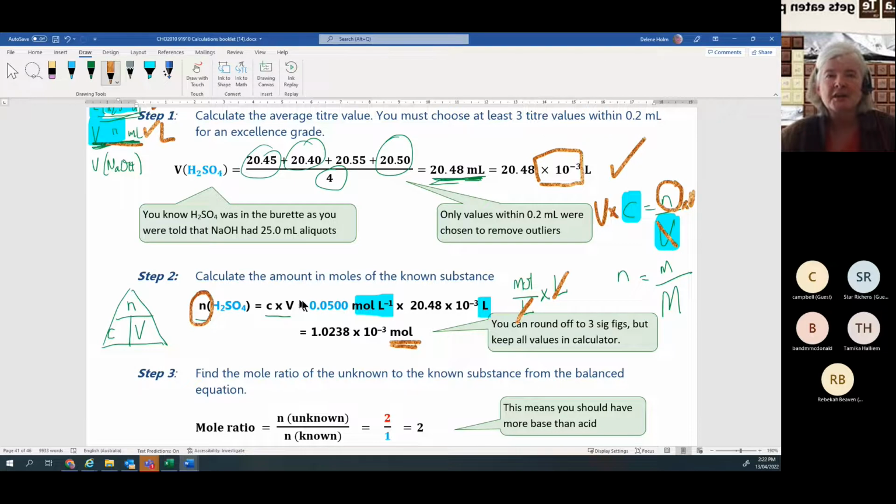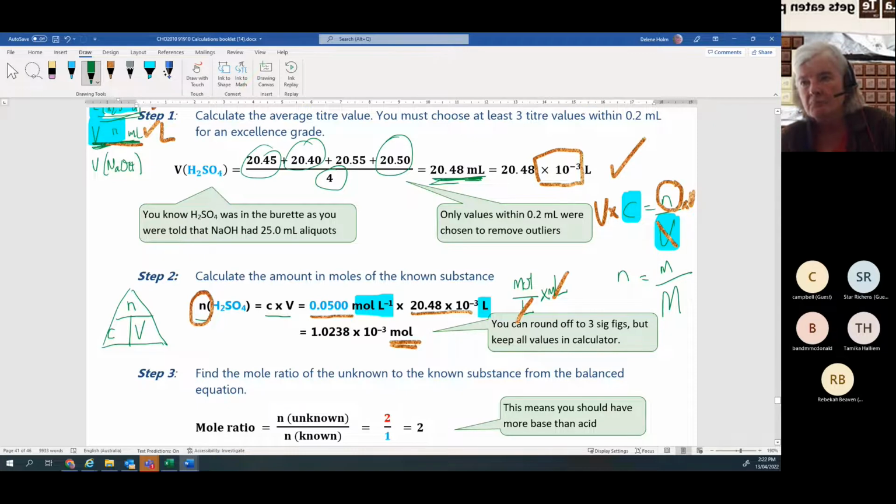So it's just simply a straightforward calculation in your calculator. You take the concentration that was given, and then you multiply by the volume, the average volume that you've now converted to liters. And can you see, if you hadn't converted to liters, you would have landed up with milliliters, and milliliters do not cancel out with liters. And that's why you have to do that conversion to liters.